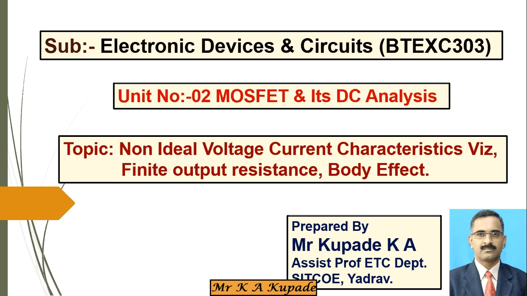In the previous lecture, we discussed non-ideal voltage current characteristics. In that, we discussed the operation of that particular MOSFET once again for the ideal VI characteristics, then the biasing of that particular MOSFET.